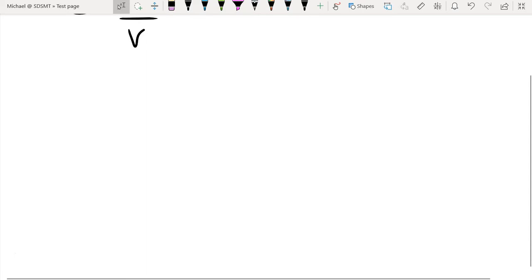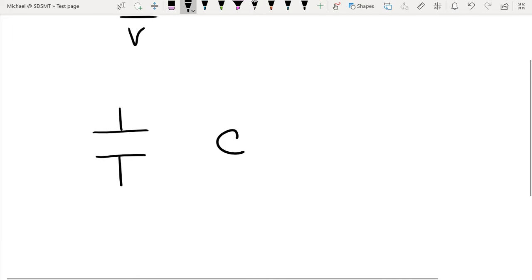And we've already seen the symbol for a capacitor in a previous video, and that is just going to be the parallel plate. And we're going to use this symbol regardless of the type of capacitor that we're using.